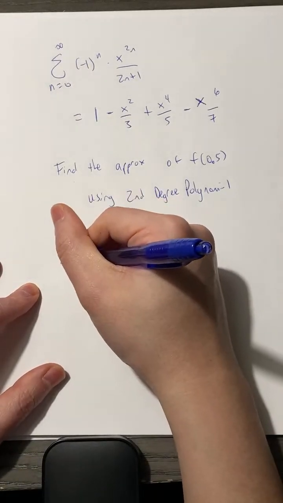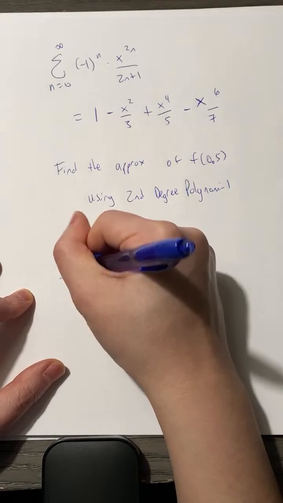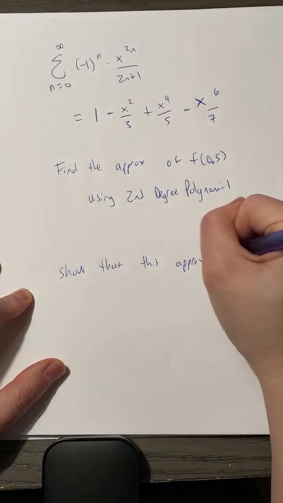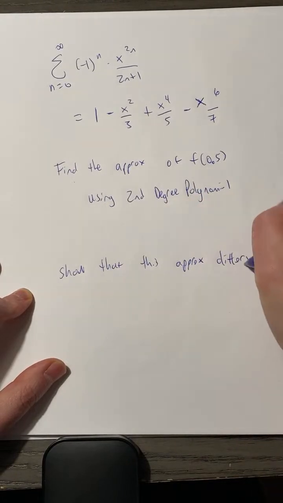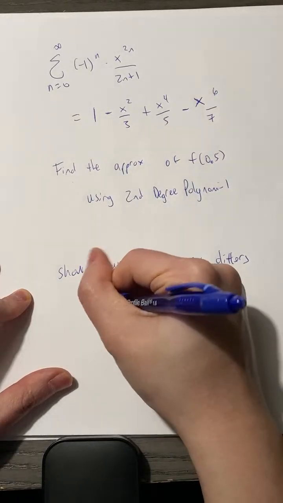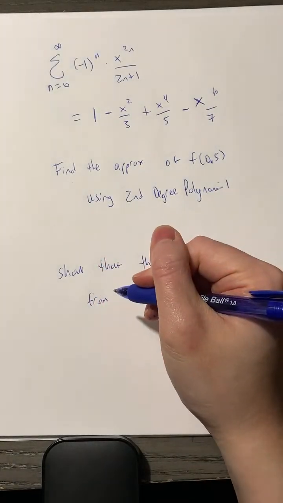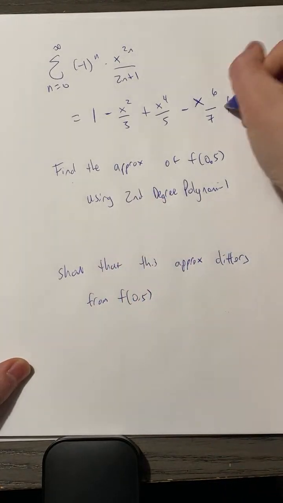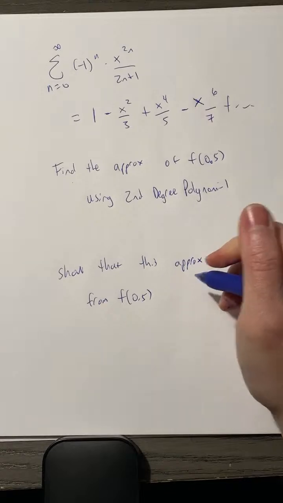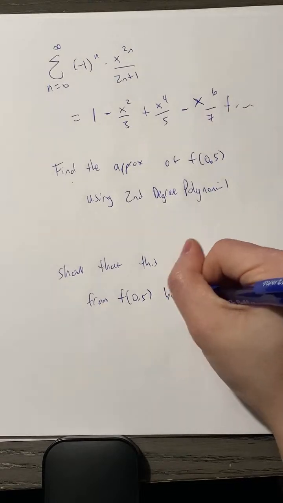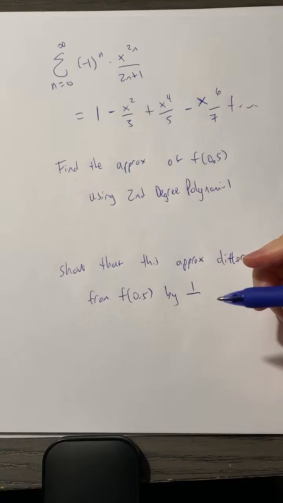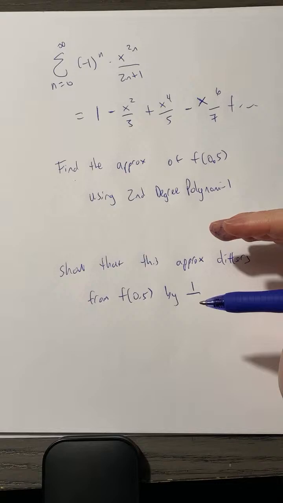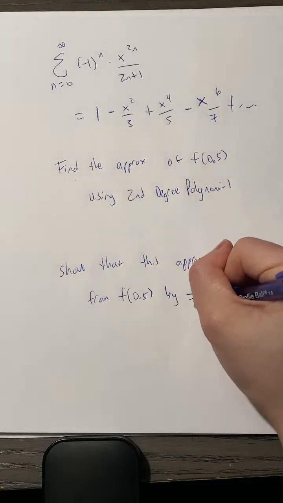The error bound part will be the next part, which is show that this approximation differs from the real thing, so differs from, let's say, f of 0.5, by, let's say, 1 over, if you have a bigger number in the denominator, that means you have a smaller fraction. I always have to think about that. Let's say 1 over 70.